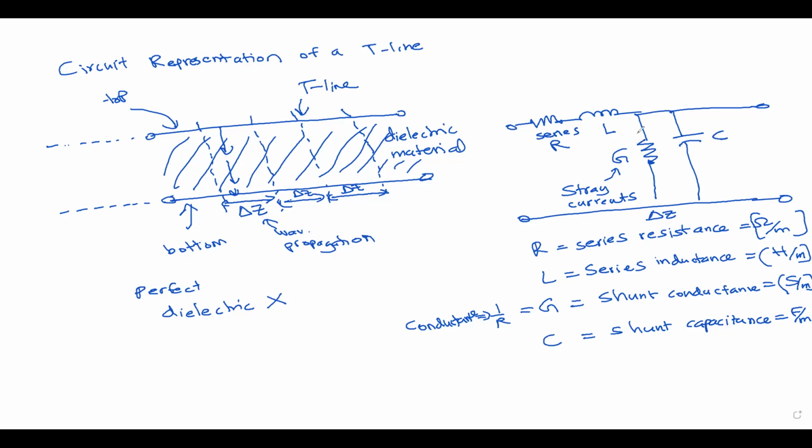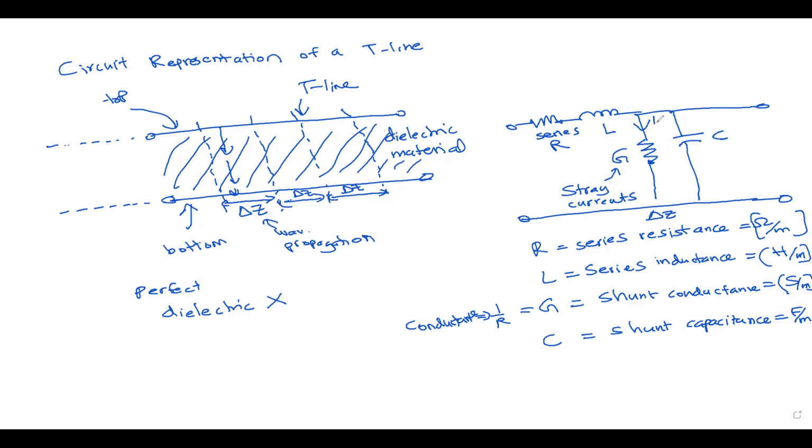And then we have the shunt capacitance. The stray current flowing from the top conductor to the bottom conductor through this dielectric material generates a stray capacitance between these two conductors.